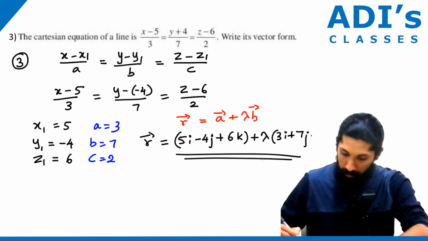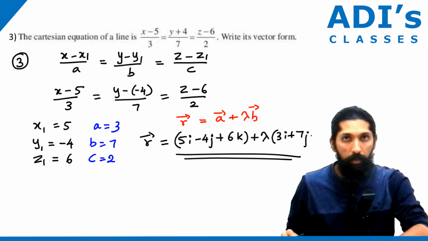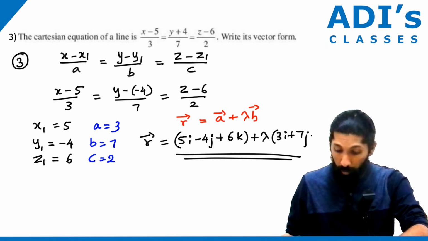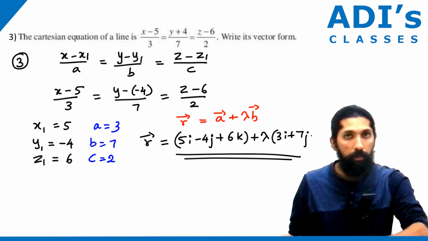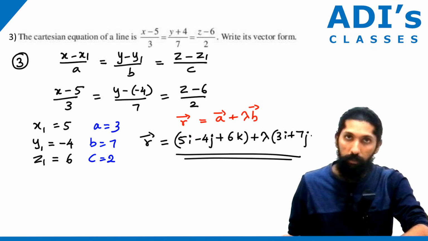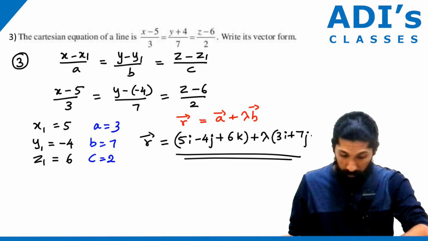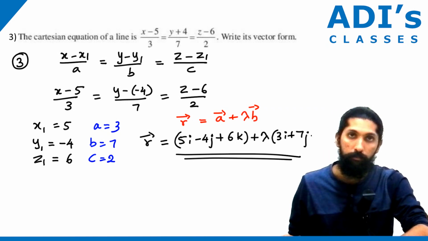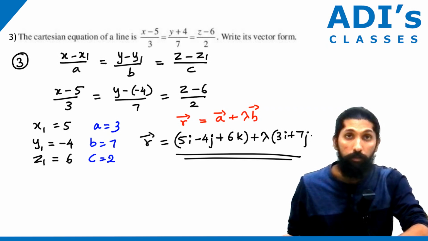This is the answer in the vector form. Or if you want, you can take i common and write 5 plus 3 lambda. That is also fine. Fair enough? Now, this is the answer for the third one. Now, let's do the fourth one.